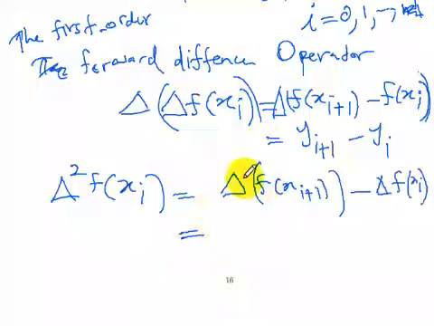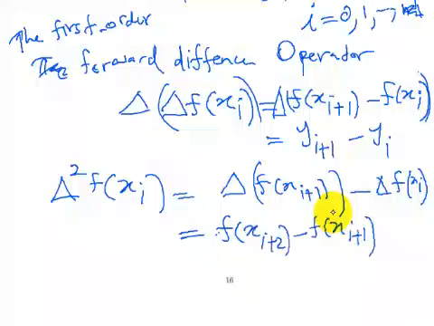This is the first order forward difference. So what is the definition for that? Forward, so the first one would be f of x sub i plus 2, right? Don't get confused. i plus 2 minus f of i plus 1, right?